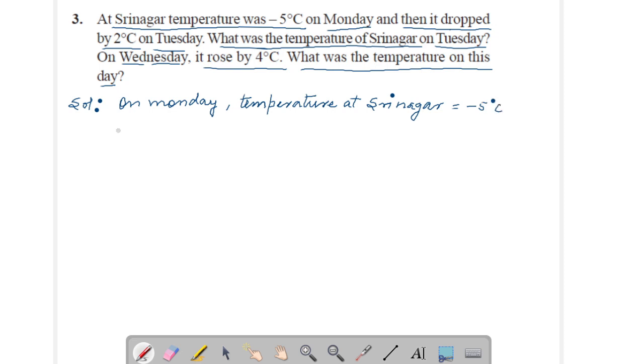On Tuesday, temperature dropped equal to 2 degrees Celsius.